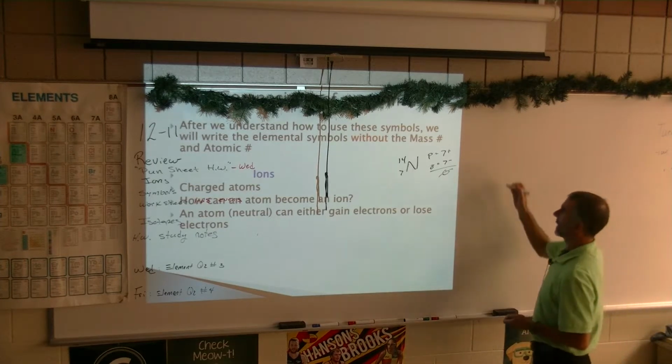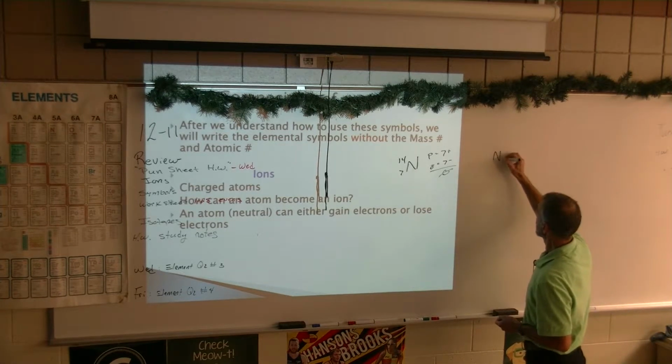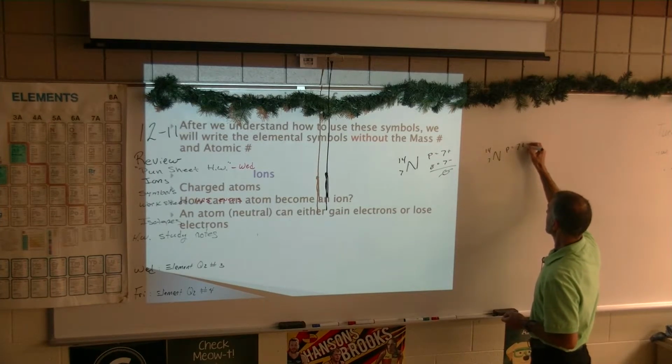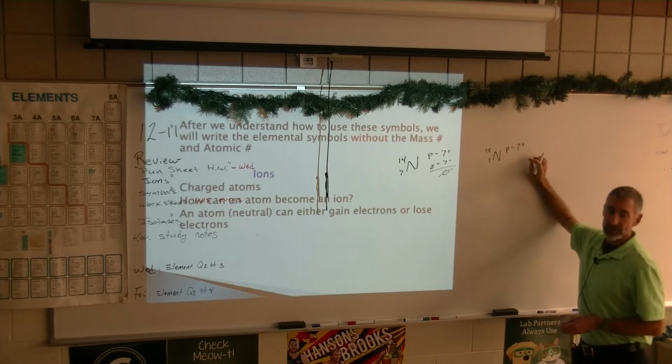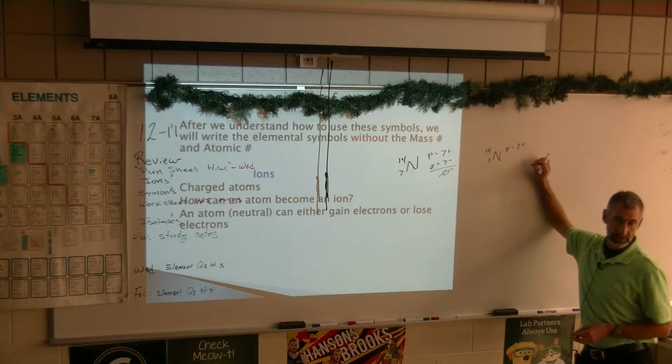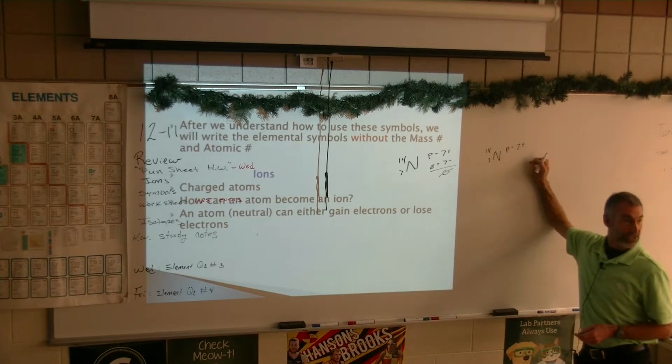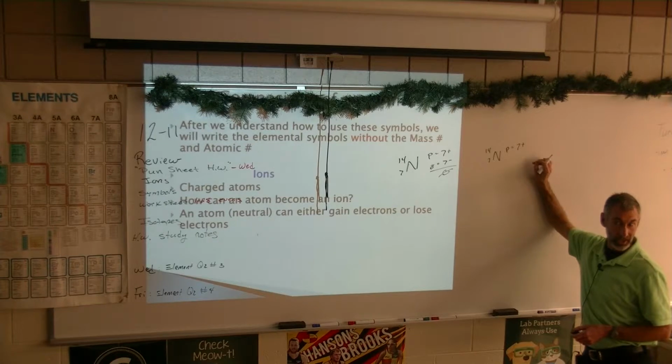Okay? Now let's say that our atom had a change. It still has 7 protons. Why does it still have 7 protons? Because that's nitrogen, right? If I change the protons, I would change our element.